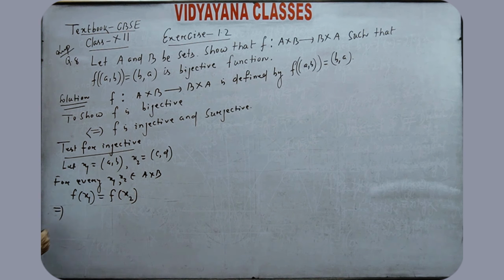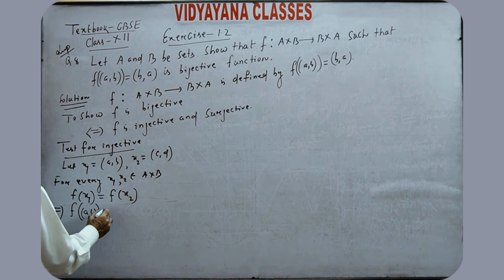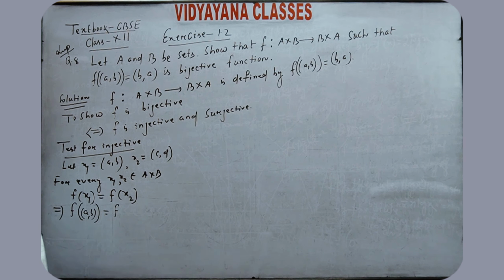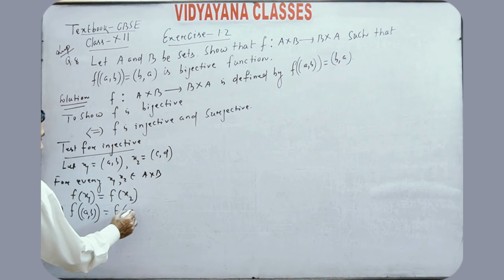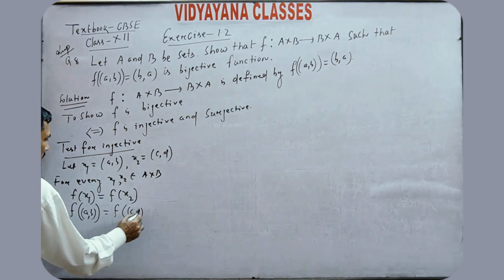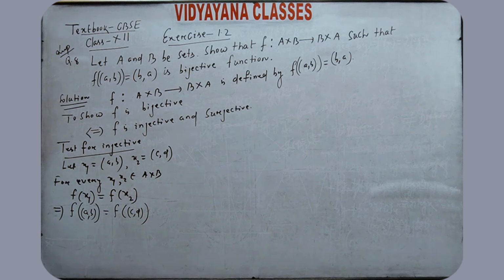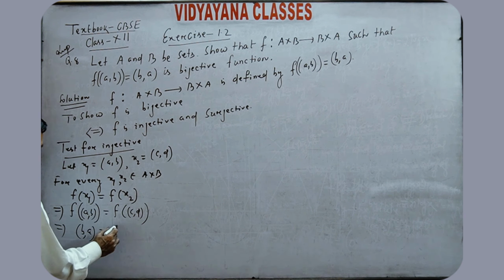That implies f of what is x1? (a, b) order pair, f(x2), x2 means (c, d), which implies (b, a) order pair is equal to (d, c) order pair.